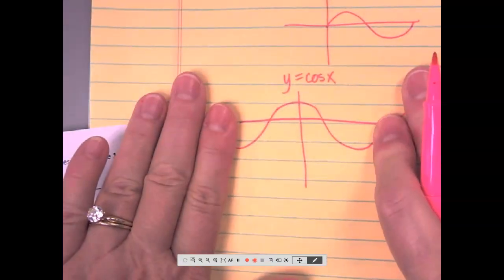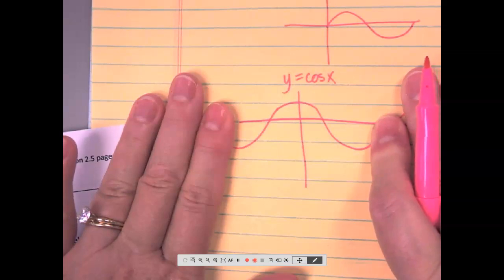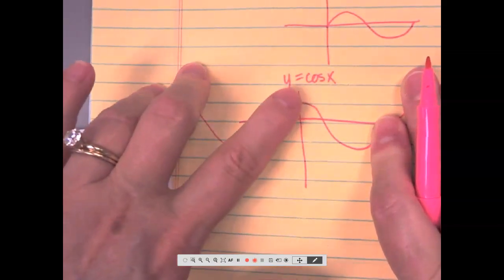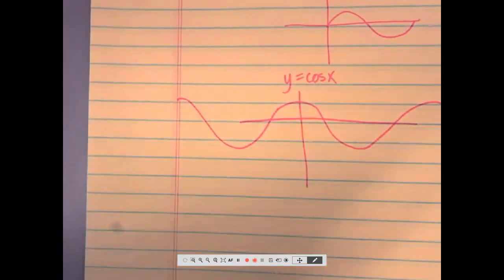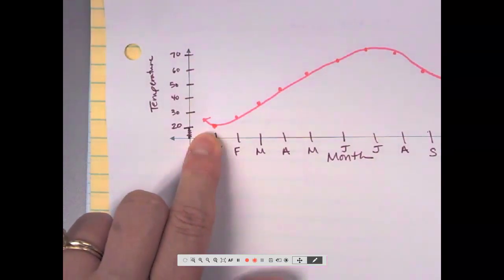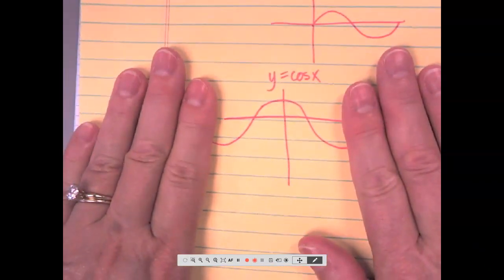It's similar to that right there, isn't it? With one exception. It doesn't start at the max, does it? It starts at a minimum. So it's like I have this little chunk of curve right there.